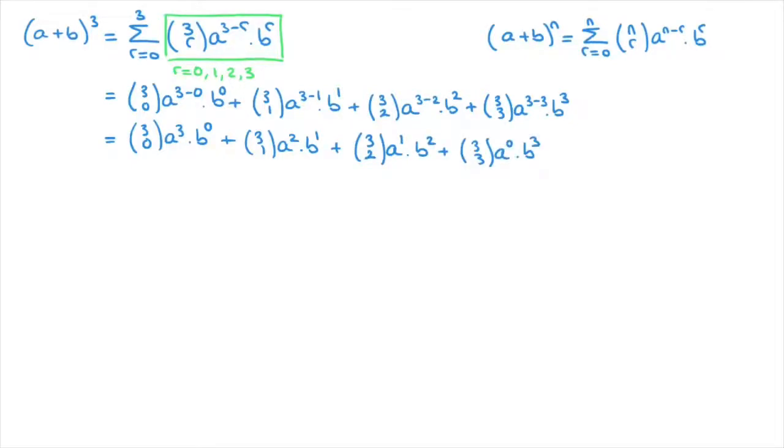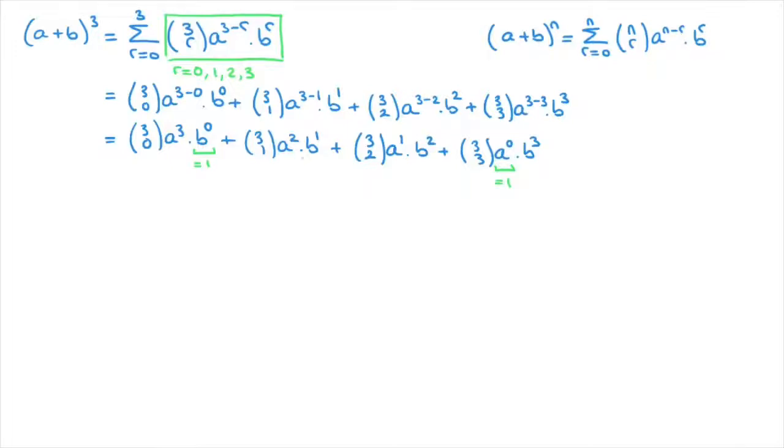Okay, now we can still simplify this further. Indeed, an important thing to remember is that any number raised to the power of 0 is equal to 1. So this b to the power of 0 simply equals 1, and a to the power of 0 equals 1 as well. Another thing to point out is that any number raised to the power of 1 is simply equal to itself.